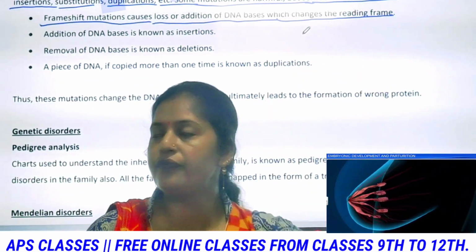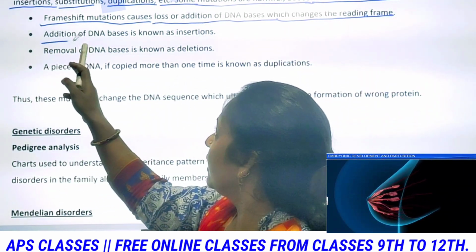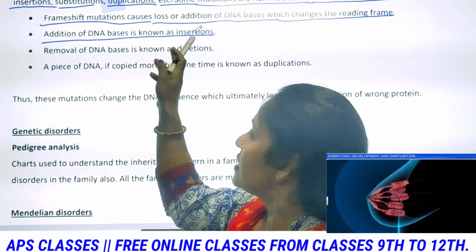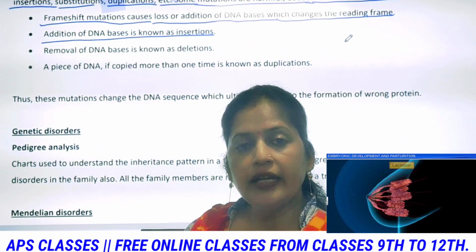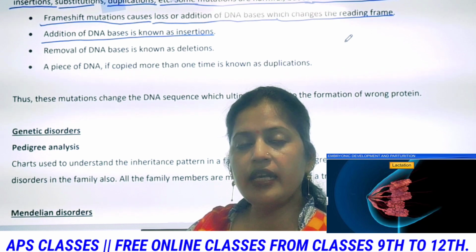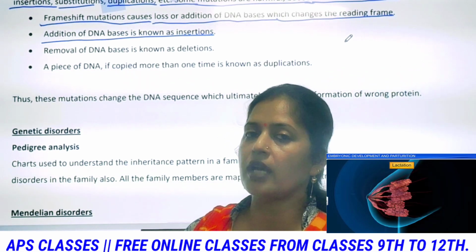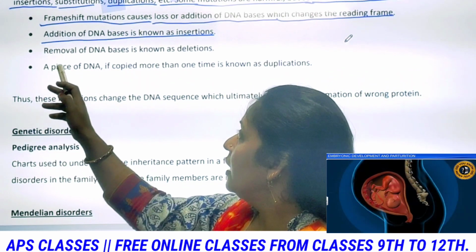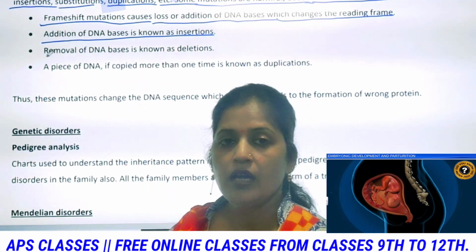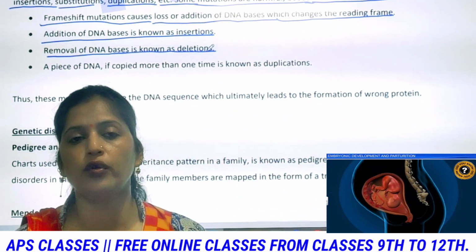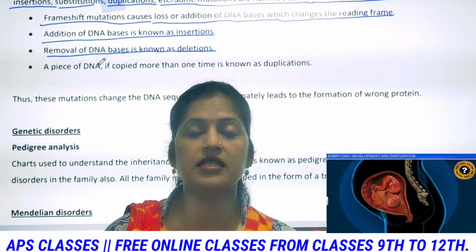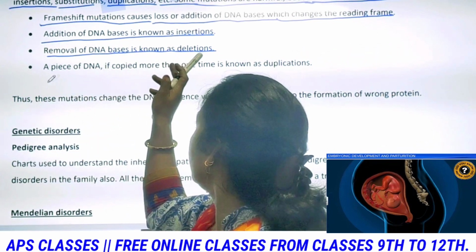Changes the reading frame. Addition of DNA bases is known as insertions. DNA bases की addition होना जो है वो क्या कहलाएगा? Insertions. Removal of DNA bases, DNA bases का remove होना, that is known as deletion. उसको हम क्या कहेंगे? Deletions.